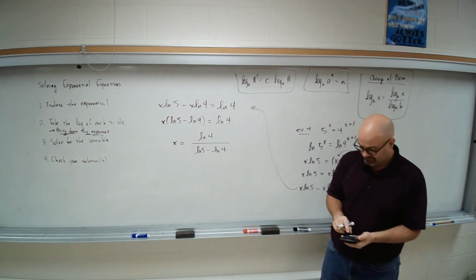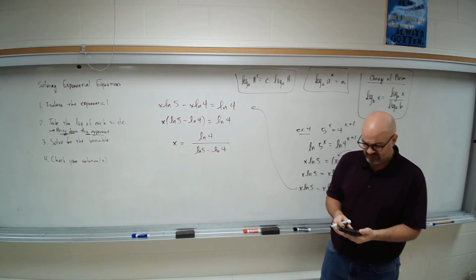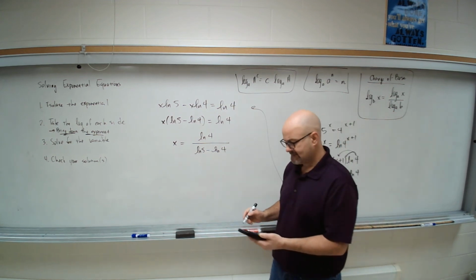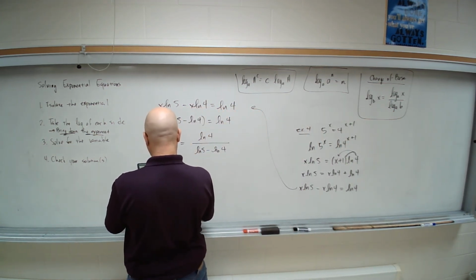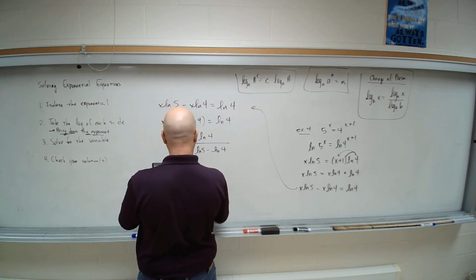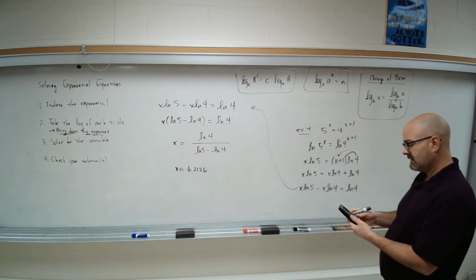So natural log of 4, and then in a parenthesis, natural log of 5 minus natural log of 4. And this gives us 6.2126. Okay.